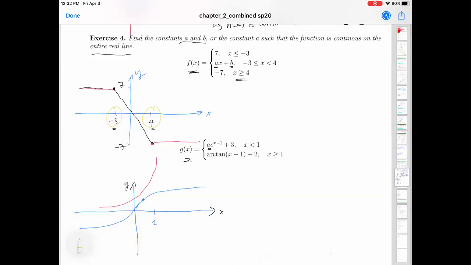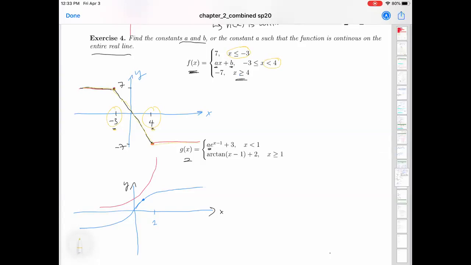So you can see at x equals negative 3, I connect the first function to the second function. When x equals 4, I connect the second function to the third function. So these 2 points here are the special points I need to look out for. I need to make sure that the function is smooth at these 2 points. Smooth means the functions are connected here, okay?